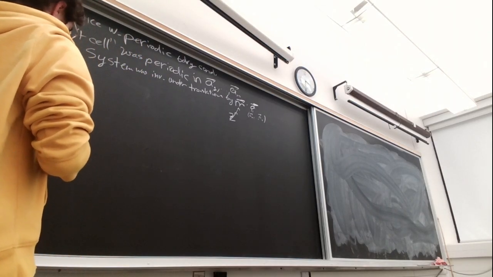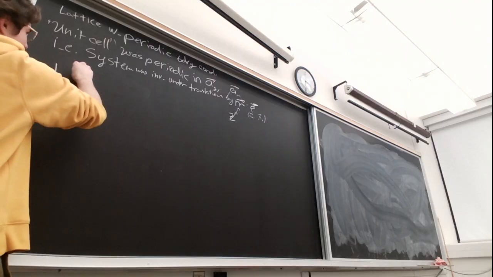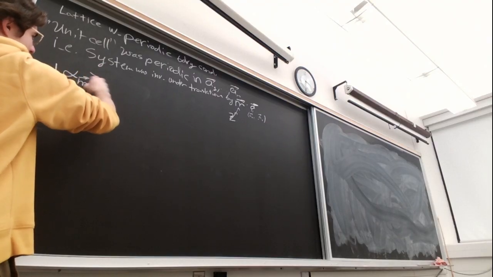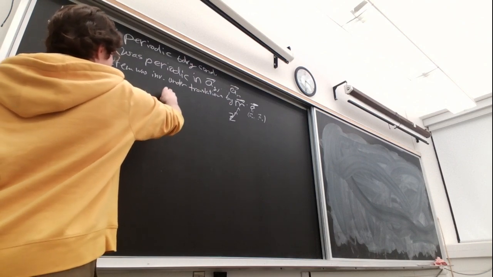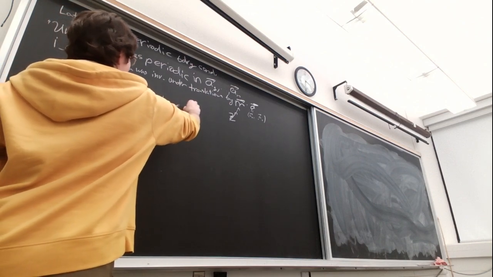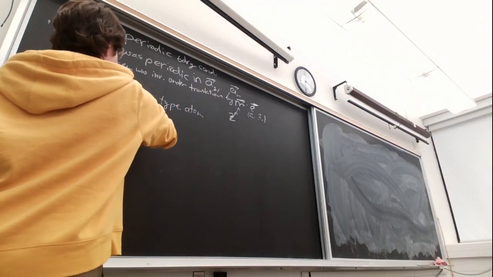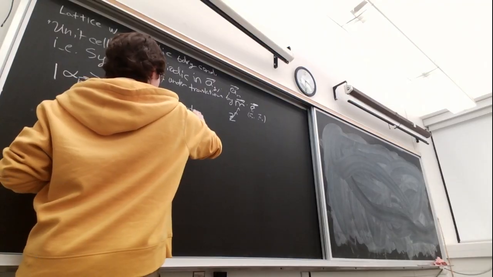Good. So then we said, okay, I can label my states like this using alpha, m: alpha type atom in the m dot a unit cell.